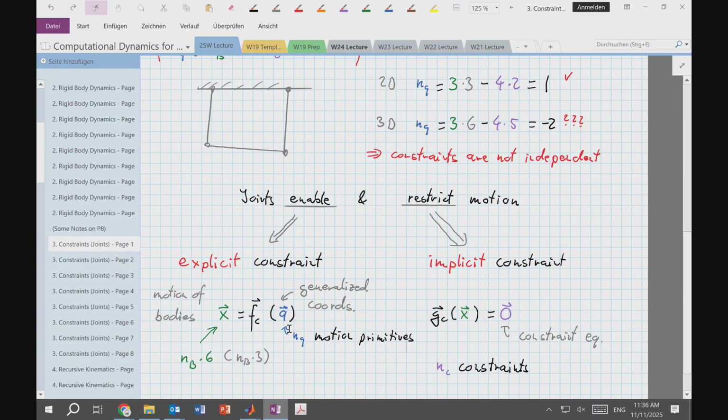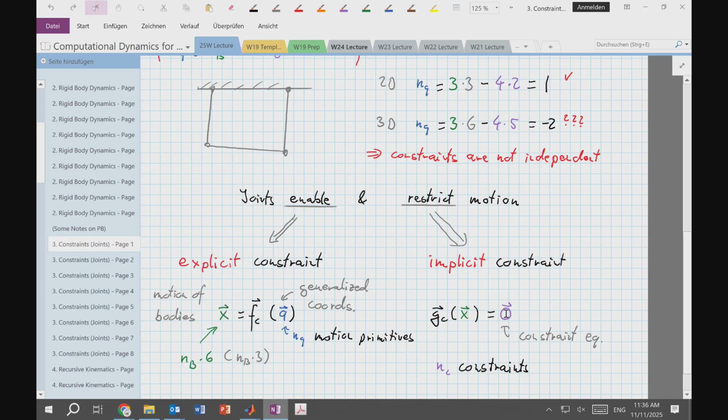two different formulations, either explicit constraints or implicit constraints, where here I have motion primitives that are described through generalized coordinates q, and those generalized coordinates explicitly create some motion in x, where x is something that we haven't defined well, but always somehow corresponds to orientations and positions of bodies.